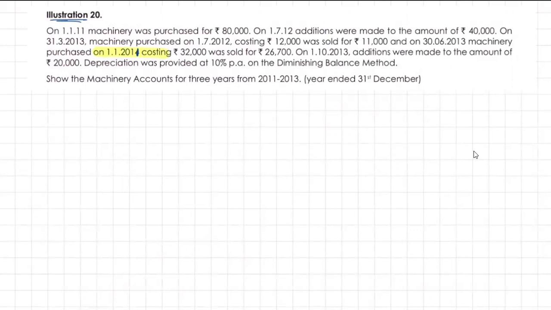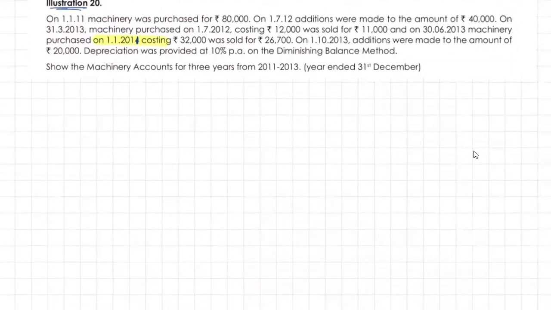The machinery account and provision for depreciation account will be on your part to be done. I'm doing the statement of depreciation.